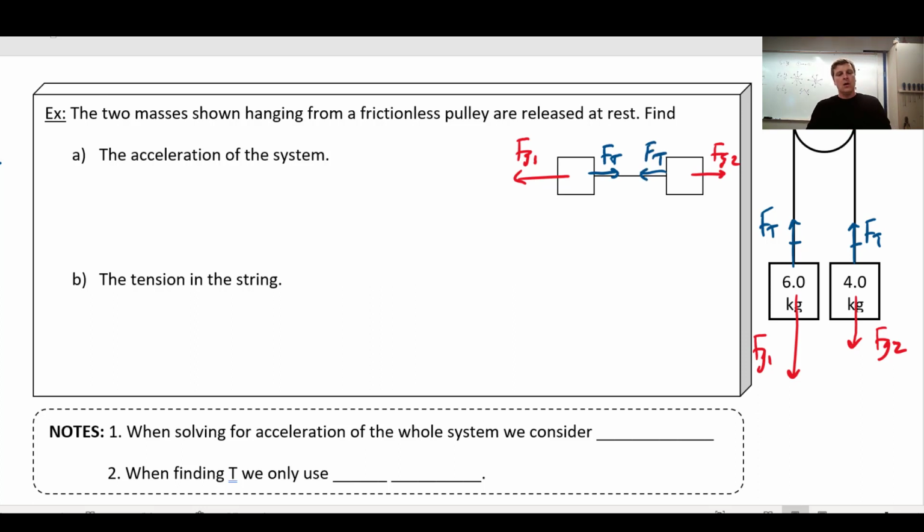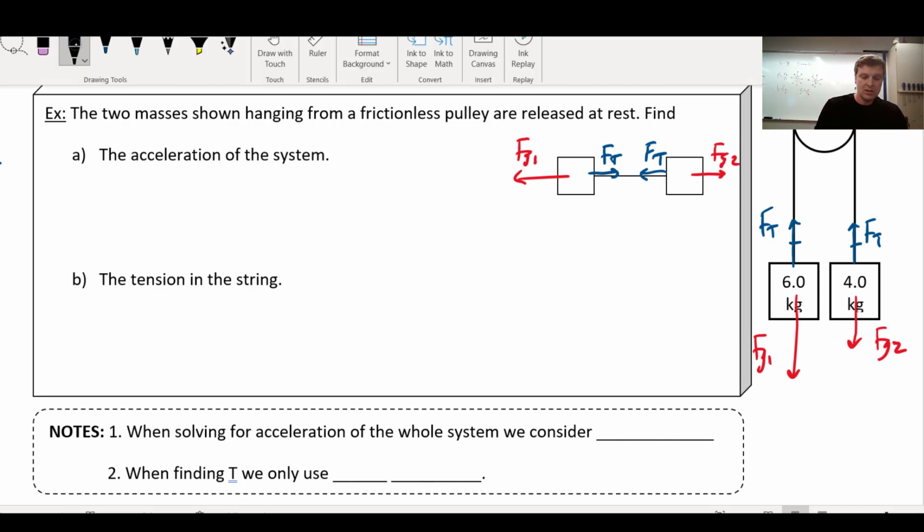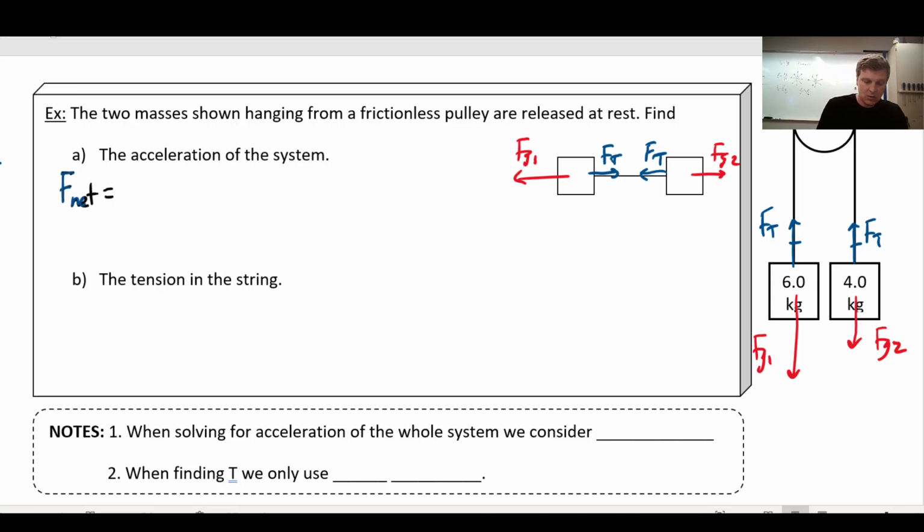Okay. So I want to find the acceleration of the system. Since I want to find the acceleration of the system, I'm going to think about all of the forces on the system. So I'm going to do an F net equation, and that's going to equal, well, the FG1 is larger, so it's winning. So now I'm going to choose the left as the winning direction. So that means I've got FG1 is winning.